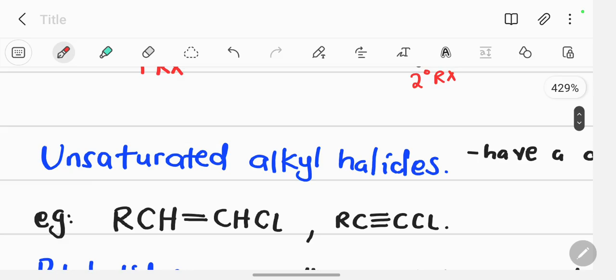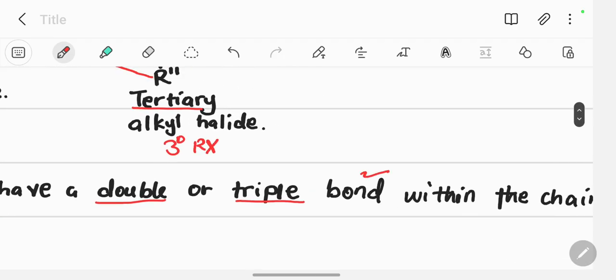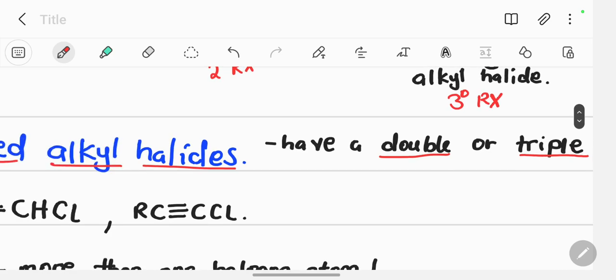So these ones are unsaturated alkyl halides, and we know them that these ones have a double or triple bond. So existence of a double or triple bond within the chain makes it an unsaturated alkyl halide.